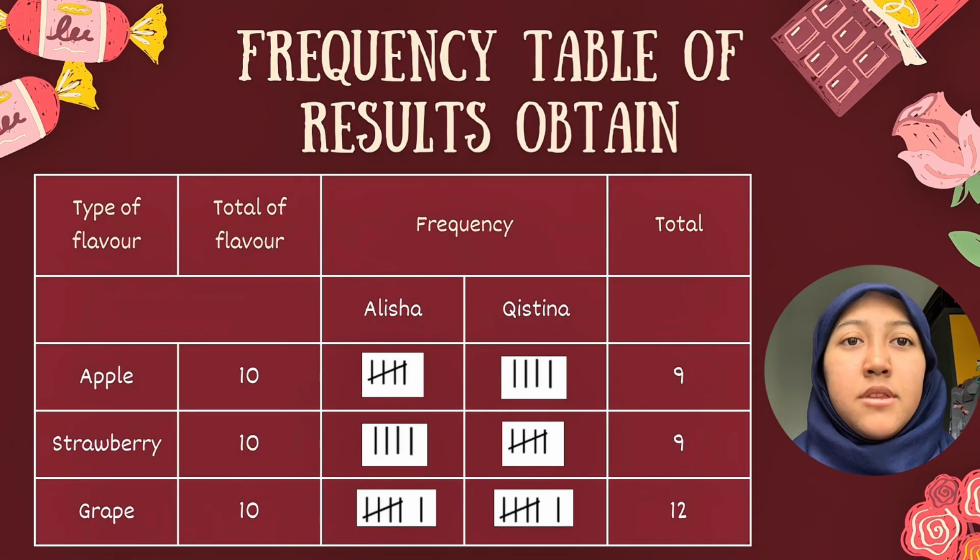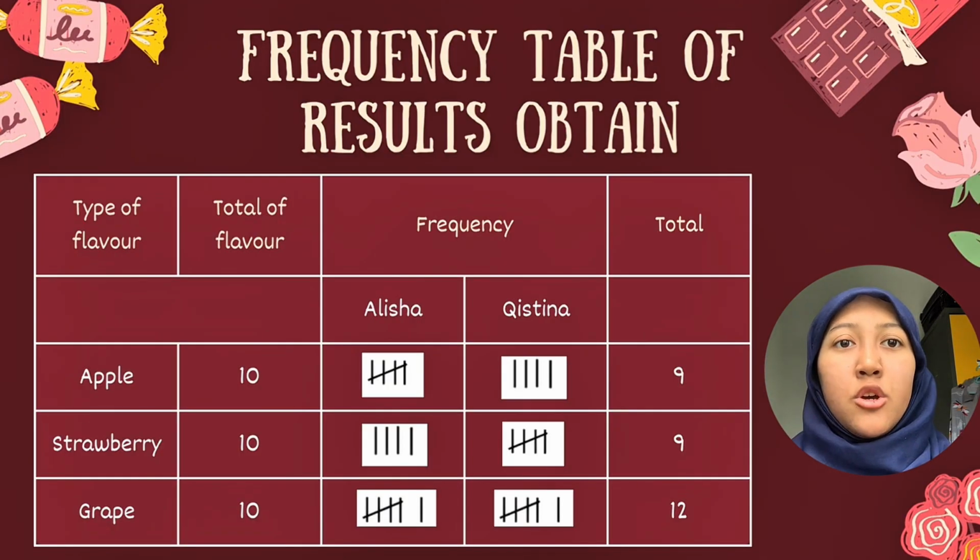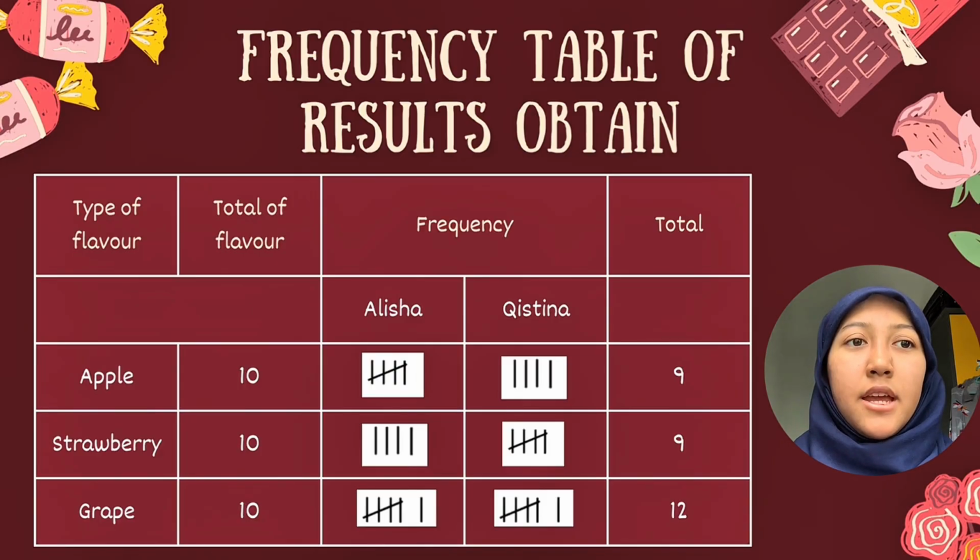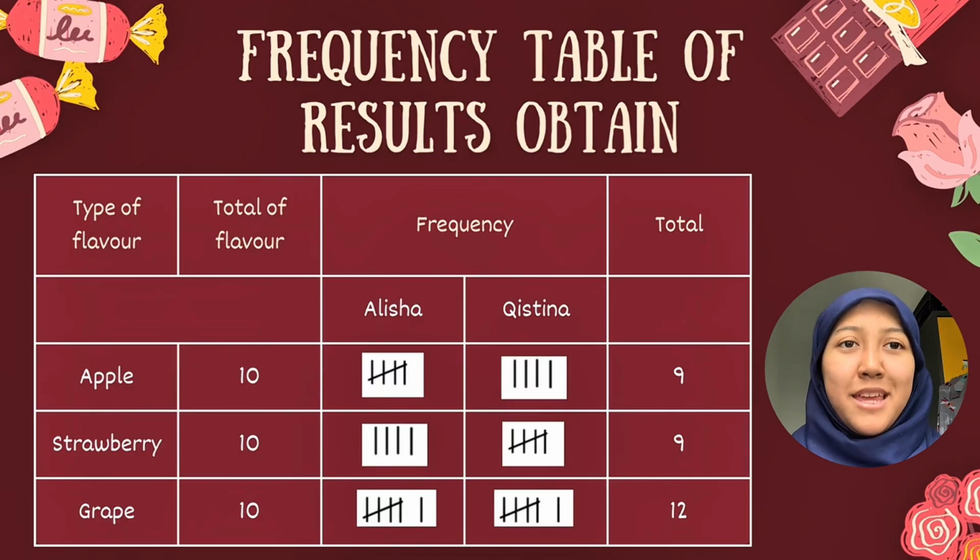From the result obtained, we compile the result into a table for easier access and readability. We put 3 types of candy into the container, which are apple, strawberry, and grape, with 10 flavored candies each. We use the spin the wheel method to determine what type of flavored candy we obtain.